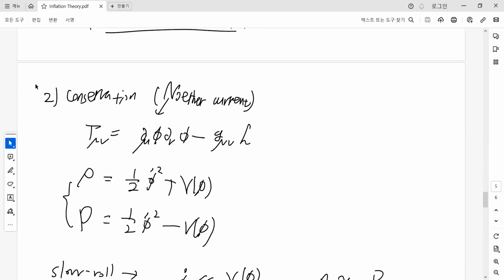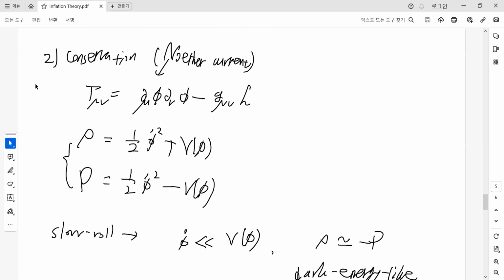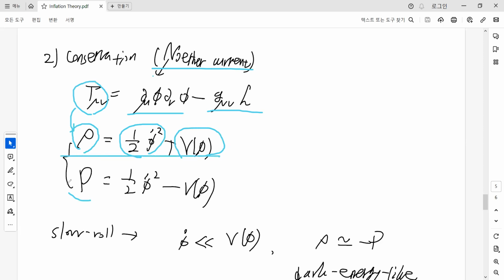The second one: we can obtain another current from the global symmetry, the stress tensor, partial mu phi times partial nu phi minus g mu nu times the Lagrangian. The 00 component gives the energy density as kinetic energy and potential energy, and the pressure has the same terms but with a different sign for the potential term.